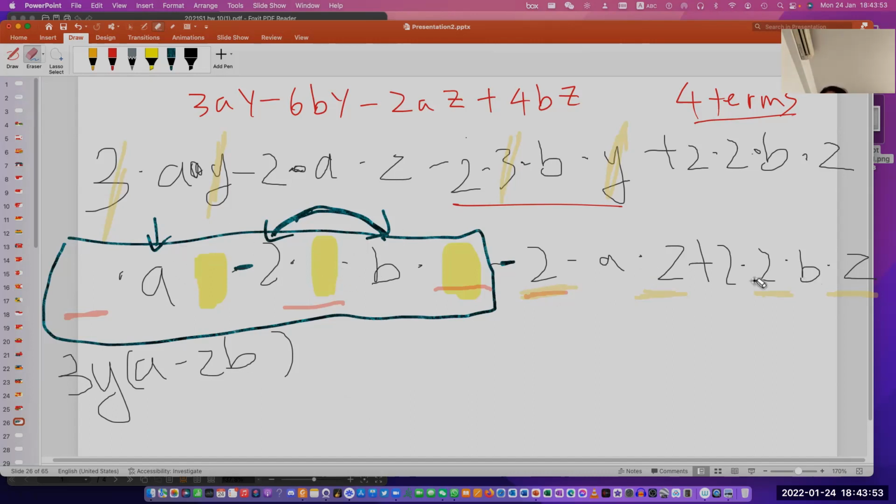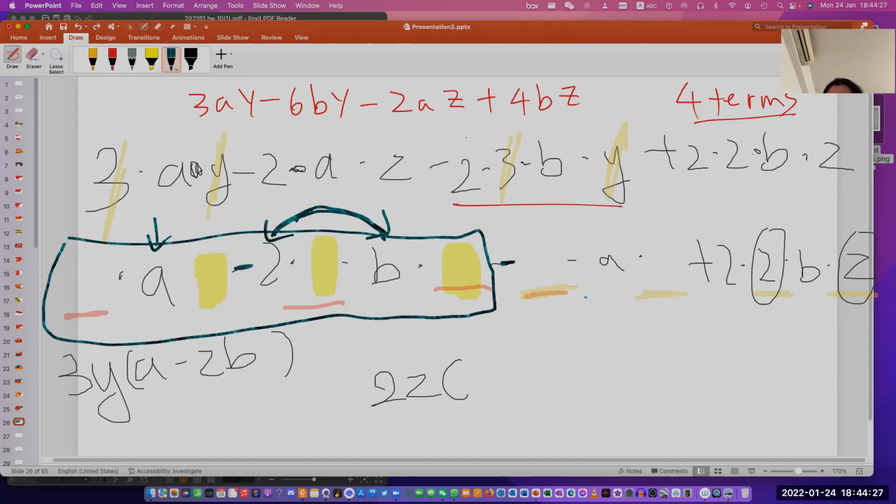Next, the second one. Bear in mind, this is minus 2az plus 2bz. So what do you decide to take out? 2z, right? I saw the 2z. So take out the 2z and delete the 2z.